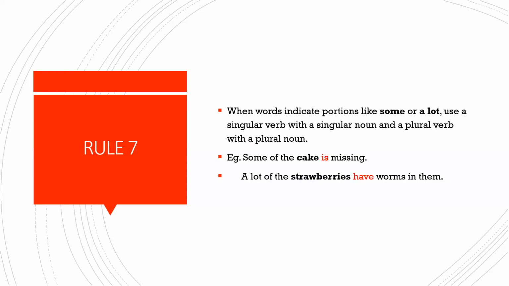A lot of the strawberries have worms in them. So now I'm talking about many strawberries, so I use have. But in the first case, I'm talking about only one cake. Some of the cake, yes, some of it, but one cake. Hence, is missing. I hope it's clear. But in the second sentence, we are talking about many strawberries. So a lot of the strawberries have worms in them.